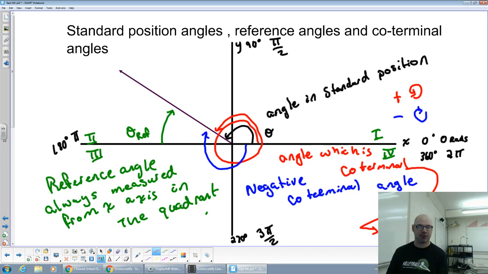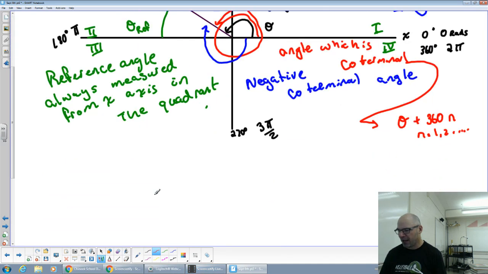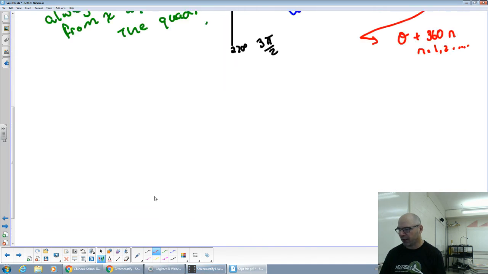You can also replace the 360 with 2 pi if you're doing radians. It's not really a very important thing, but just something to remember from pre-calc 20. So let's go back and do this example.